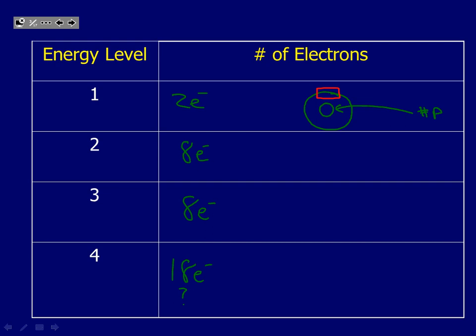There's only one bedroom for the siblings, which means when the first electron or the first kid comes along, nice, get my own bedroom. Good times. But when a sibling comes along, if there's only one bedroom, you gotta share the bedroom. Sucks. Not so great. So in the first orbit, the first electron goes in, nice, no siblings. Second sibling comes along, crap, I got to share the bedroom. So they end up paired together. All right.